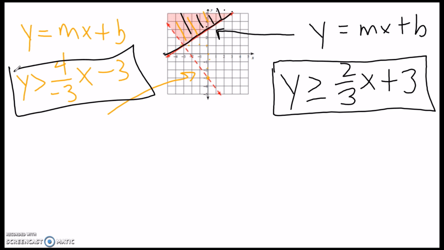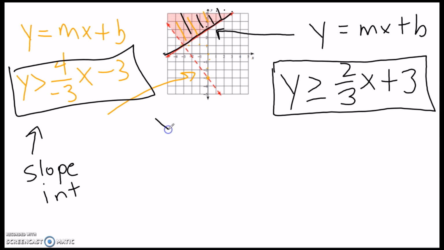Now, these are both in what we call slope-intercept form. But sometimes they don't give us things in slope-intercept form; sometimes they give us things in standard form. So if something's in slope-intercept form, sometimes we need to get it into standard form, and this is how we'd go about doing it.